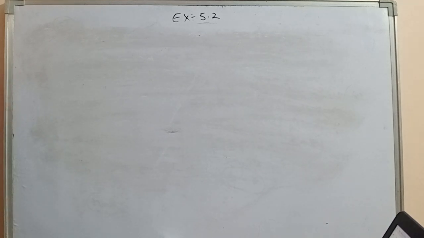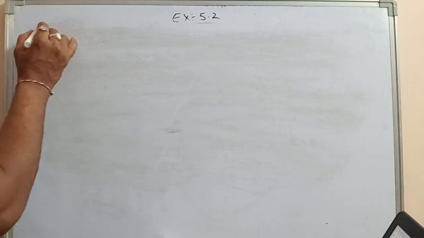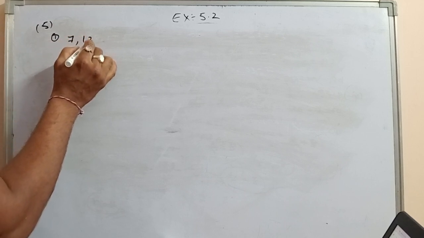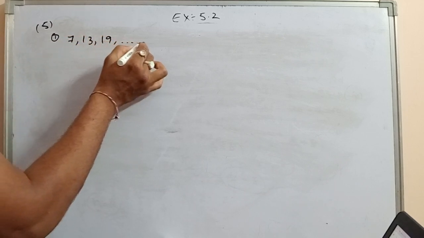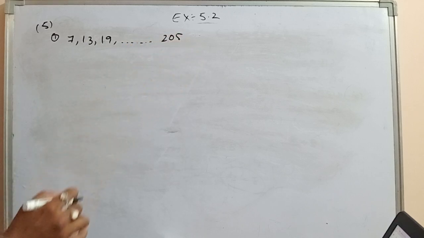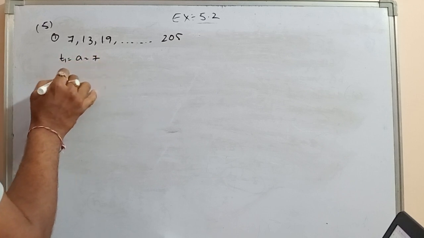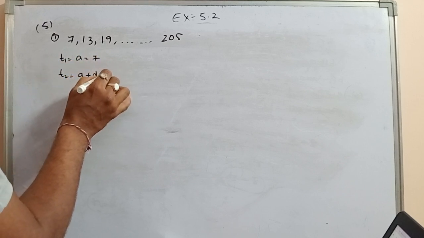In the fifth question, it is given: find the number of terms in each of the following APs. So we have to find n. The first one is the series 7, 13, 19, and so on up to 205. Here T1 is equal to a is equal to 7, T2 is equal to a plus d is equal to 13.